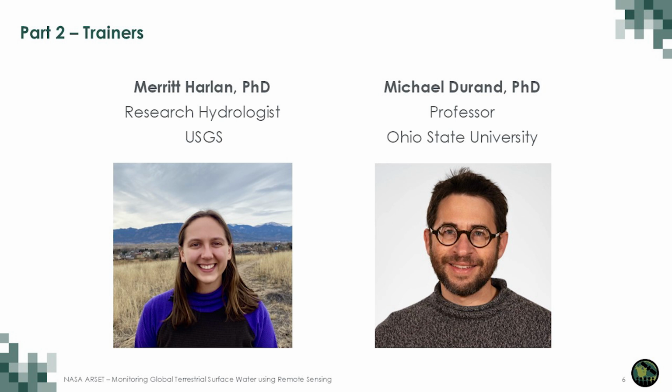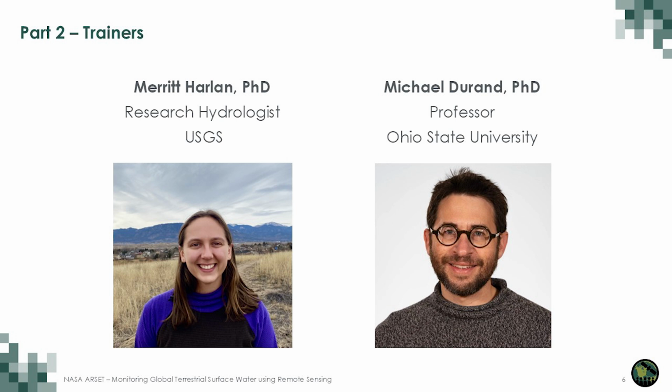Dr. Harlan's research focuses on remote sensing of inland waters with a particular interest in high-latitude rivers. Dr. Harlan is interested in applying data from satellite missions to estimate river flows in ungauged basins, assess changes in surface water in high-latitude lakes and rivers, and compare and evaluate the accuracy of satellite-derived stage and stream flow to field data and modeled data.